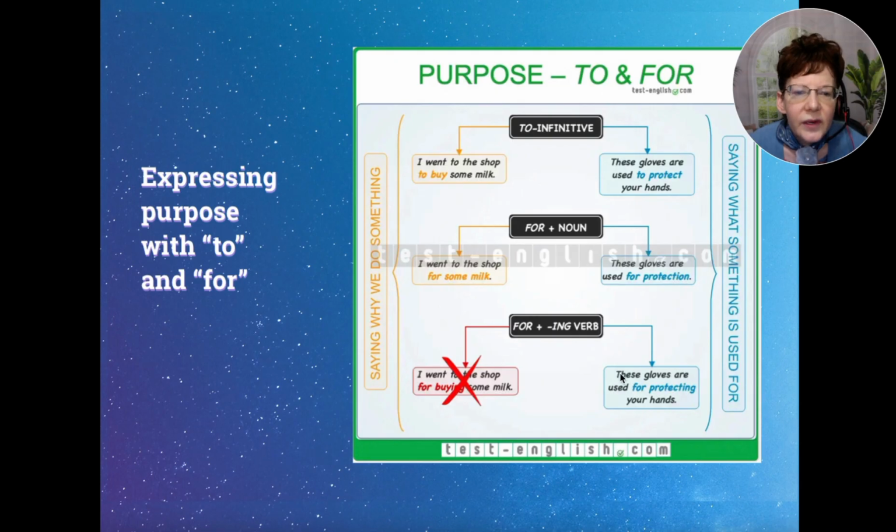Rather, we would say, for example, these gloves are used for protecting your hands. So expressing purpose, what something is used for. So the two main reasons here are saying why we do something and saying what something is used for.